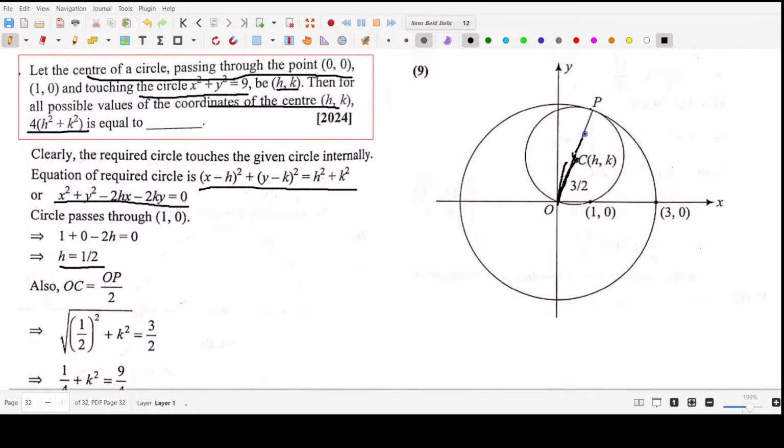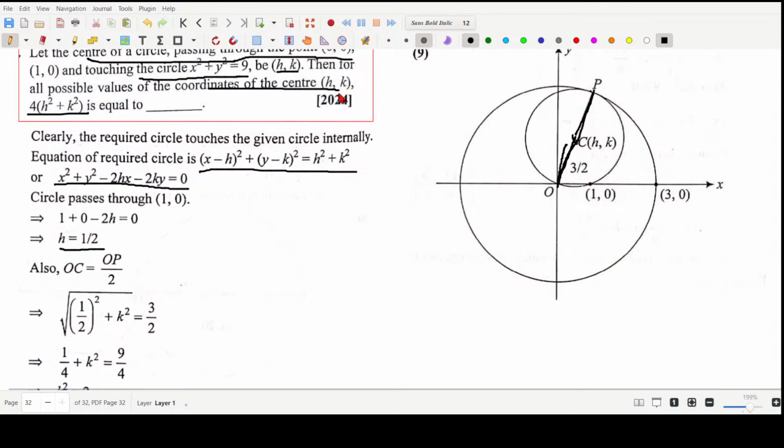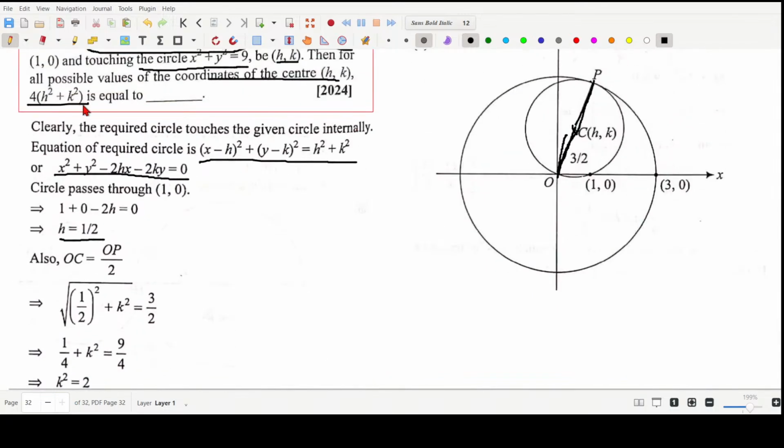CP should also have the same radius as CO, right? And with this we will be able to calculate k also. So h, k is calculated. That means you will know what exactly this value is, right? Just finish this one.